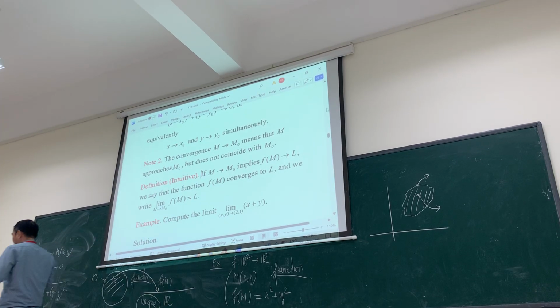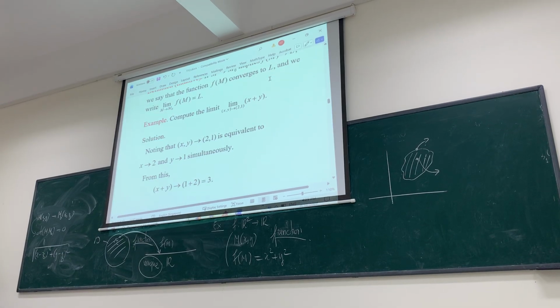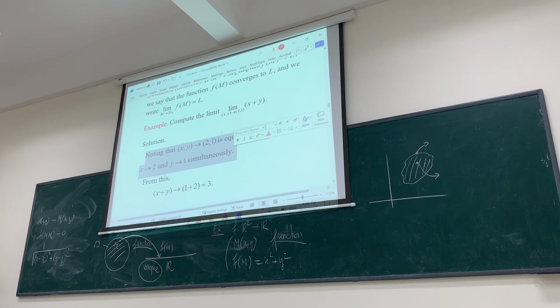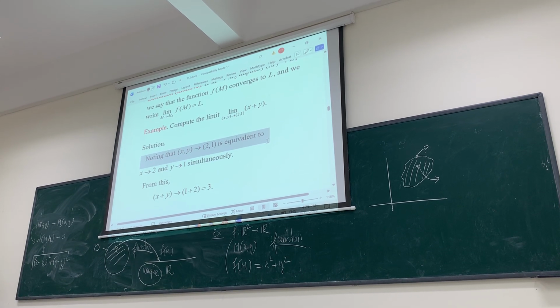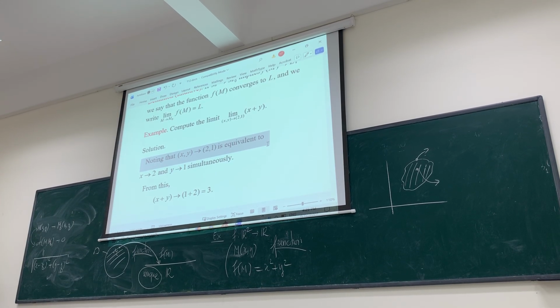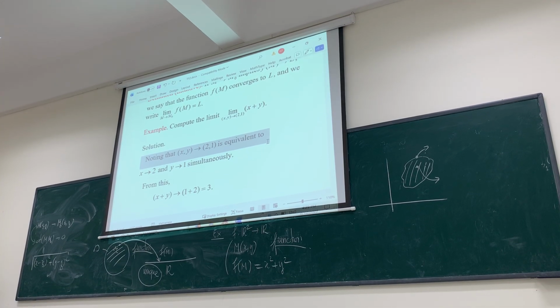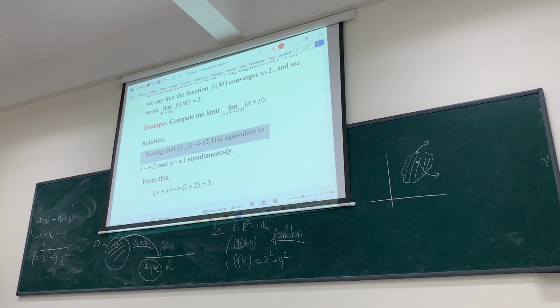Now, let's see how to estimate. The solution from note 1: you can see this point (x, y) tends to (2, 1), which means x tends to 2 and y tends to 1, simultaneously.